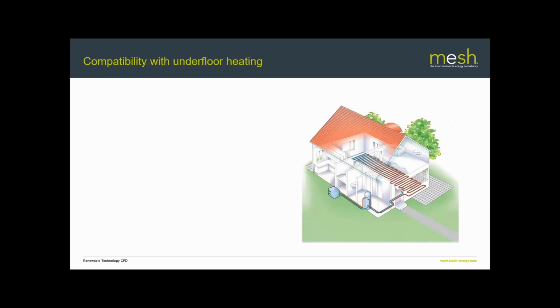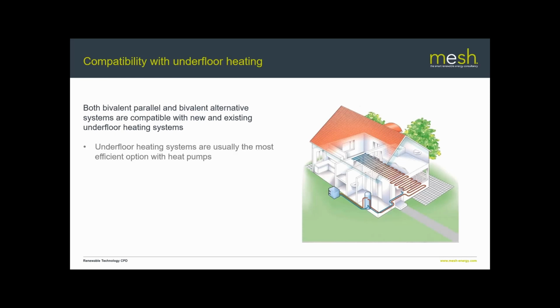Okay, so let's talk about heat emitters. This is something that is quite important, because this may well be the driving factor behind why you're choosing a bivalent system in the first place. So underfloor heating, well, the good news is that bivalent systems, monovalent systems, heat pump systems in general work brilliantly with underfloor heating systems. They are usually the most efficient option.